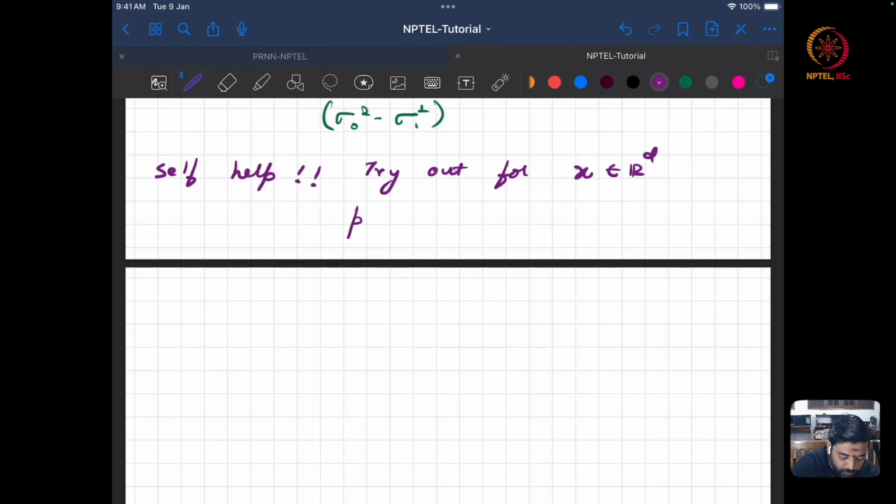Now this is P of x given y is equal to i from some normal distribution, wherein it has mu i and sigma i, with x belonging to Rd. Okay, now this is the case that I am asking you to look at.